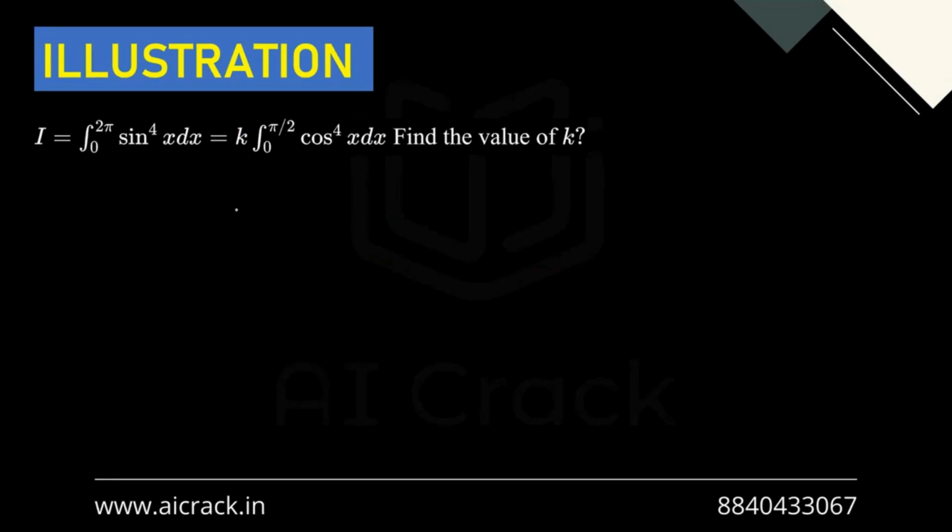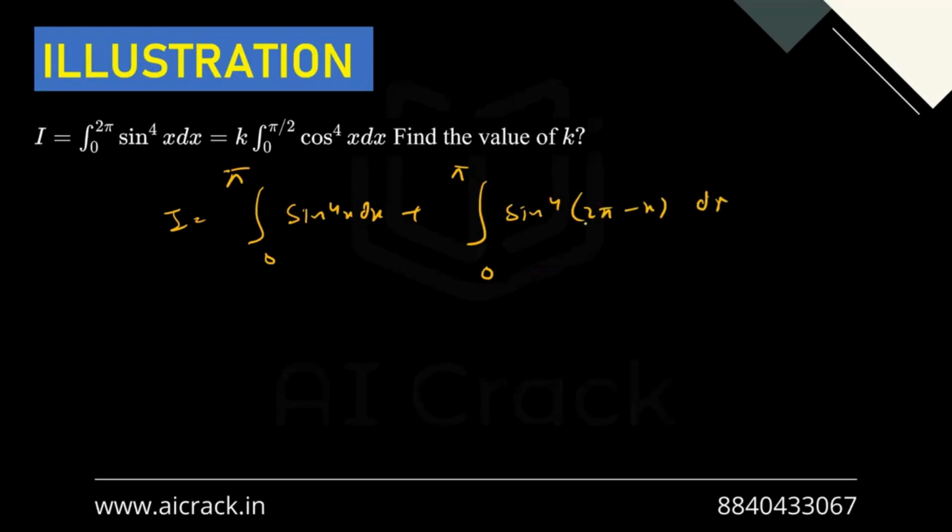Now we have I equals to this. With the help of property 6, we can write I as 0 to pi, basically 0 to 2a converted into 0 to a, sine 4x dx plus integral 0 to pi sine 4 (2 pi minus x) dx. That is 2a minus x.